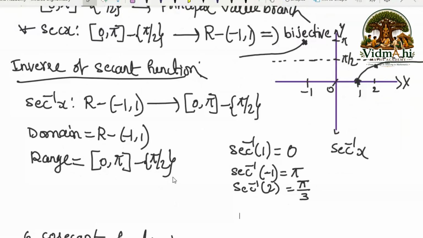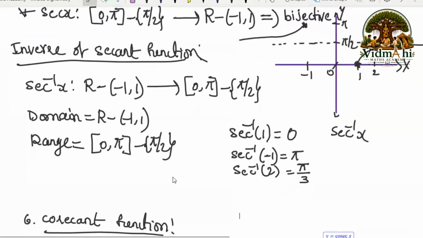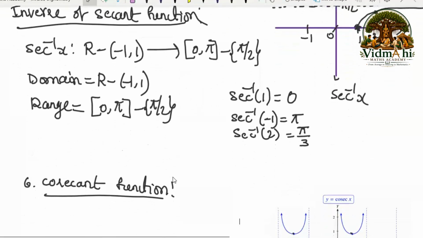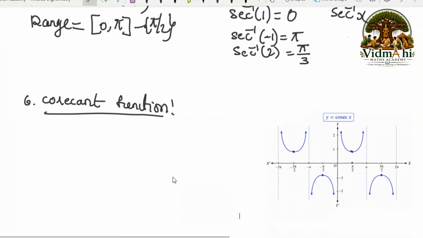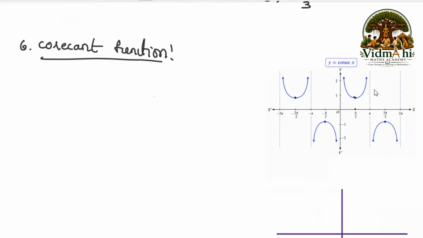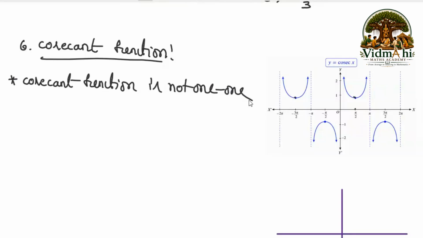Next function is the inverse of the cosecant function. To understand that function, first we have to consider the cosec function. Observe the graph. Cosec 90 is 1 and cosec minus 270 is also 1. So that cosecant function is not one-one.